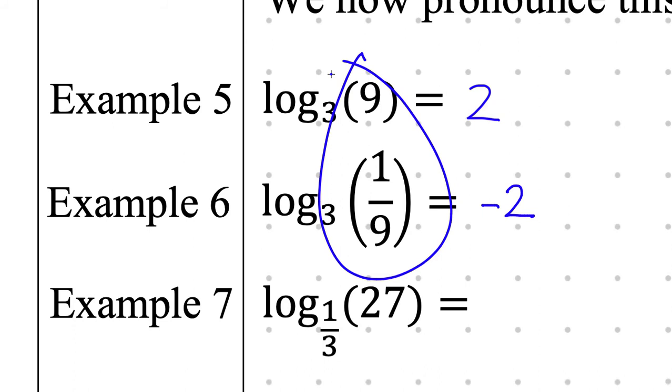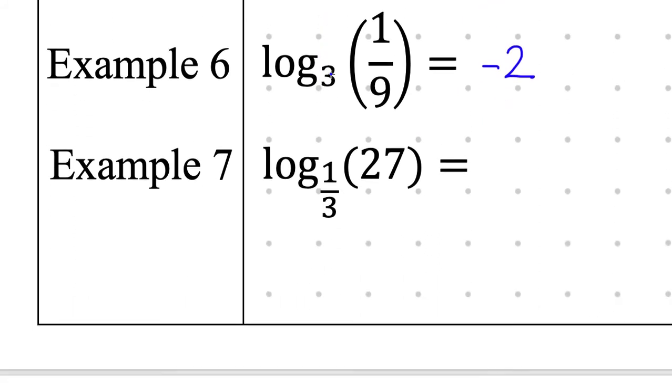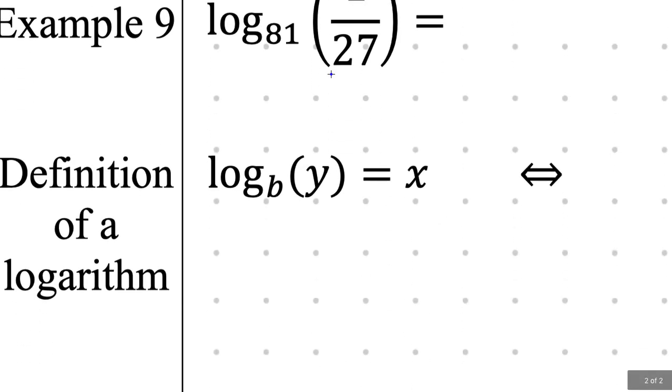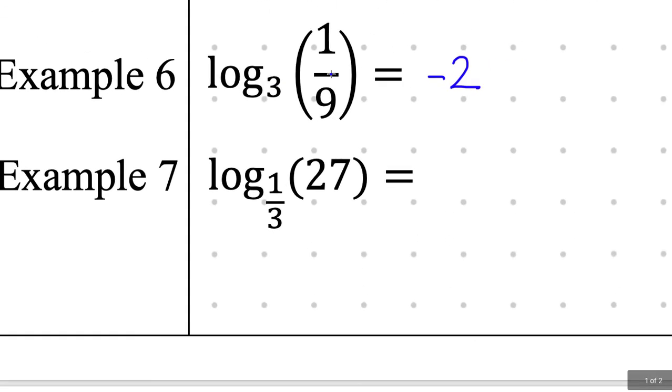Let's try another one. This is one of the hardest types of questions I can ask you. Example number 7. Log base of a fraction: log base 1/3 of 27. In order to flip the fraction, you know what needs to happen, some sort of number, and then how do I get from 3 to 27? So I think of this as, I need to flip, and then how do I get from 3 to 27?